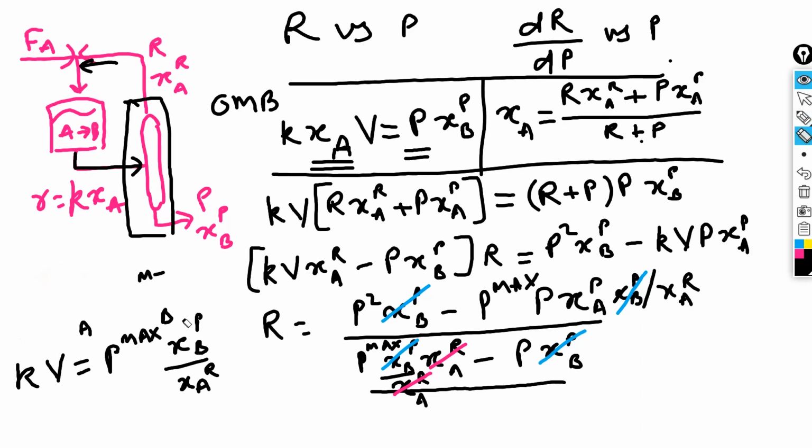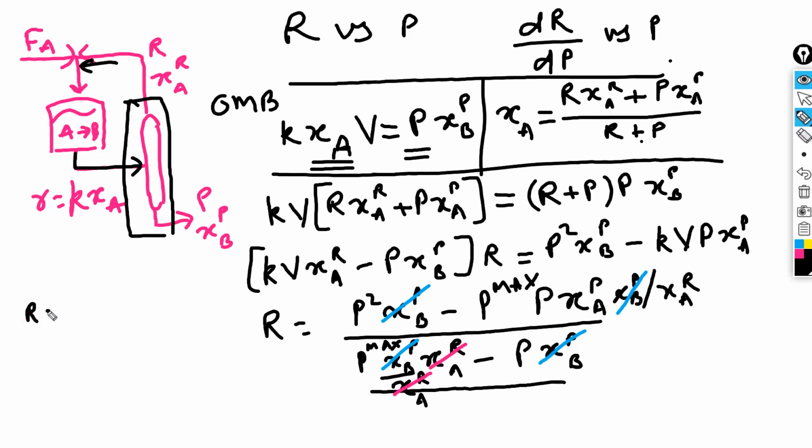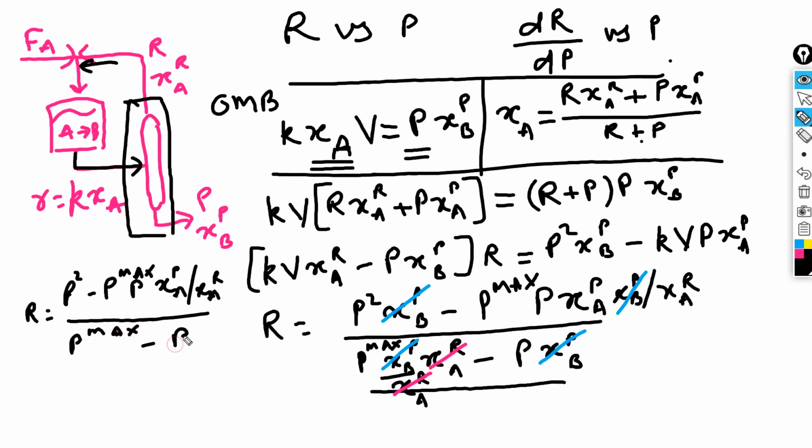So what we get is R is equal to P square minus P max P XAP by XAR divided by P max minus P. This is a much simpler and neater expression.